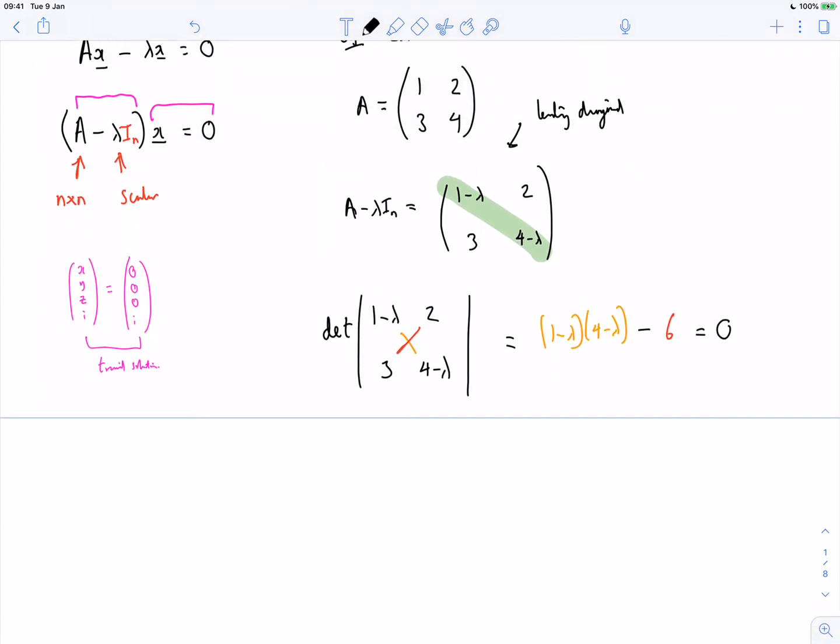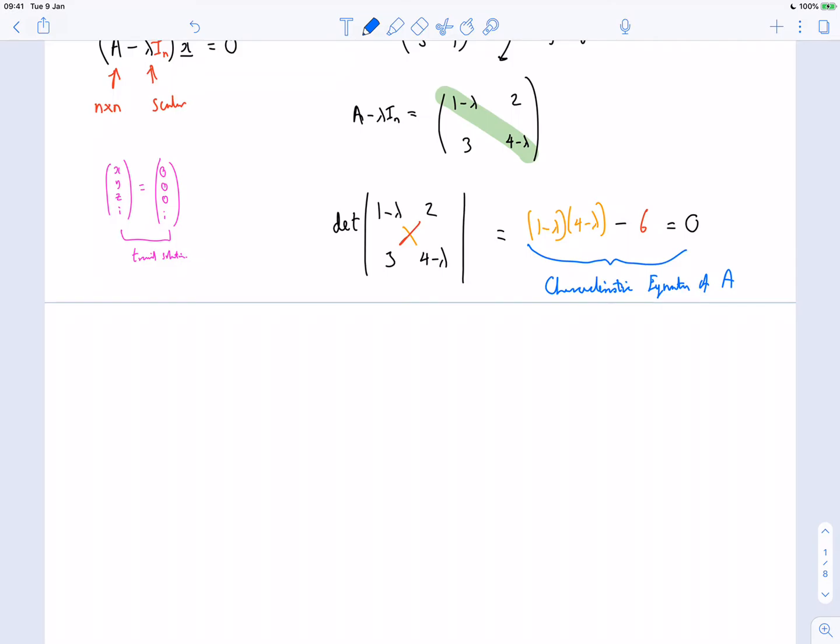This thing here, very important, is called the characteristic equation of the matrix A. And now if I expand this, I've got minus lambda times minus lambda, so I'll have a lambda squared.